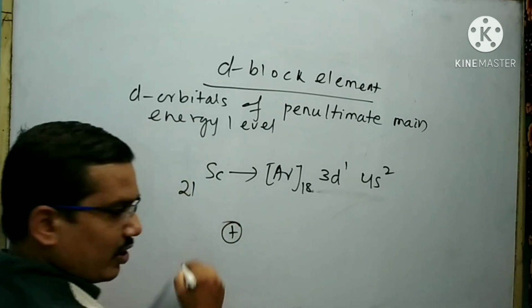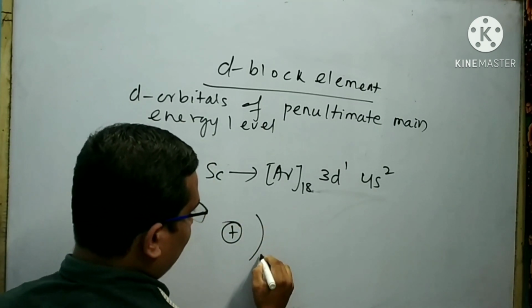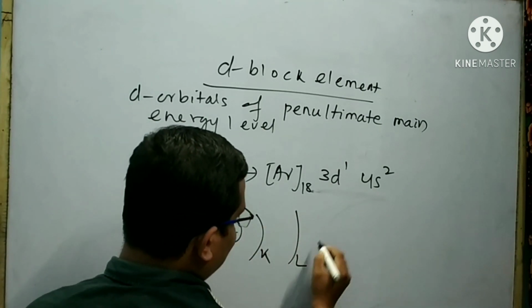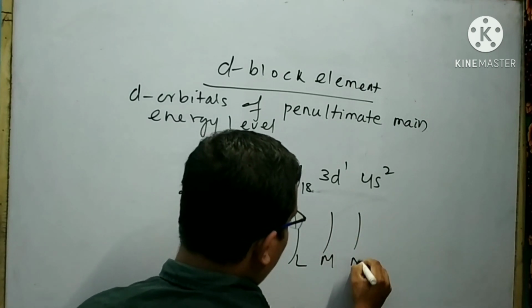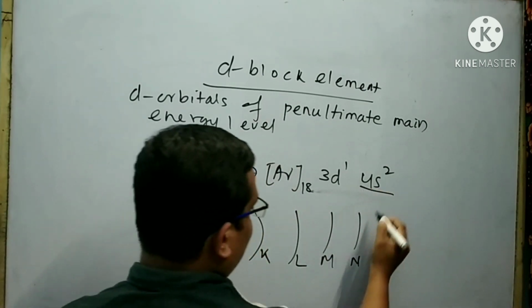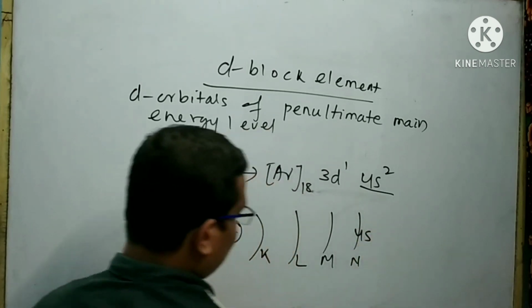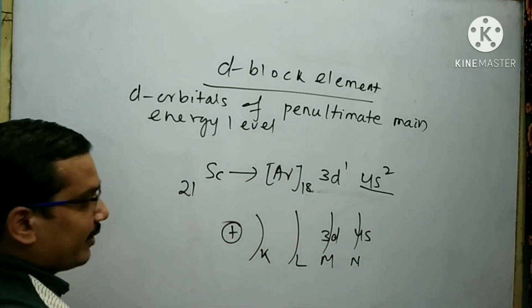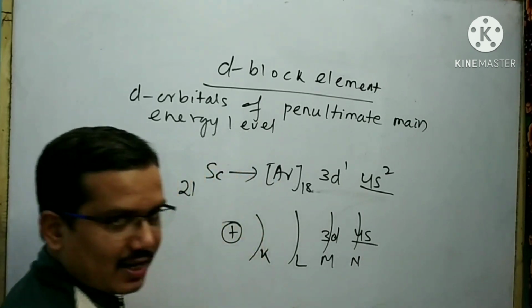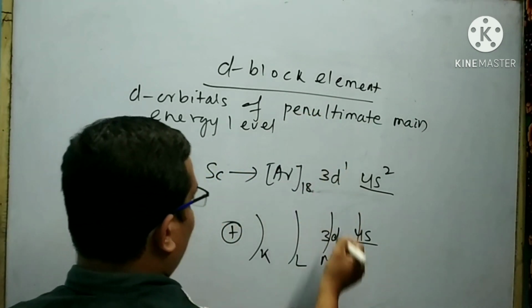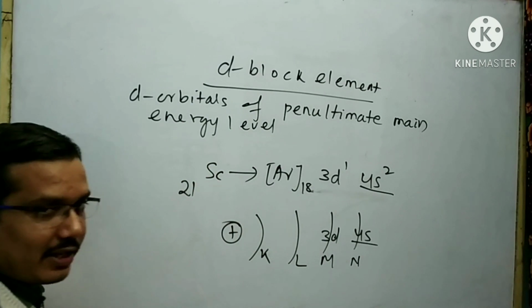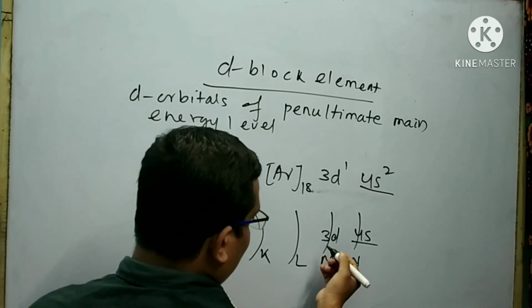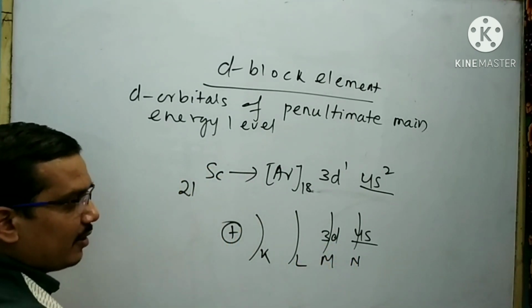Suppose this is your nucleus, this is the K shell, this is the L shell, this is the M shell, this is the N shell. 4s belongs to the N shell, 3d belongs to the M shell. Here 4s is the valence shell, but the electron goes to the d orbital which belongs to the M shell.